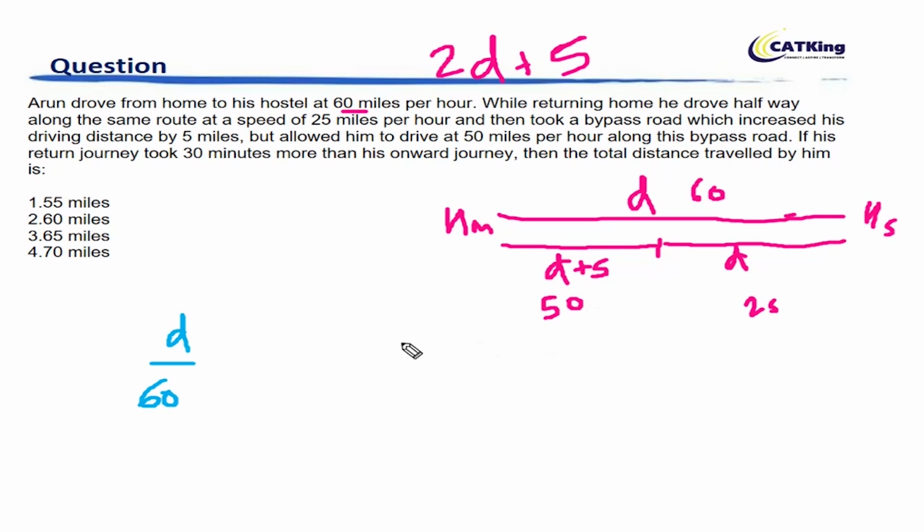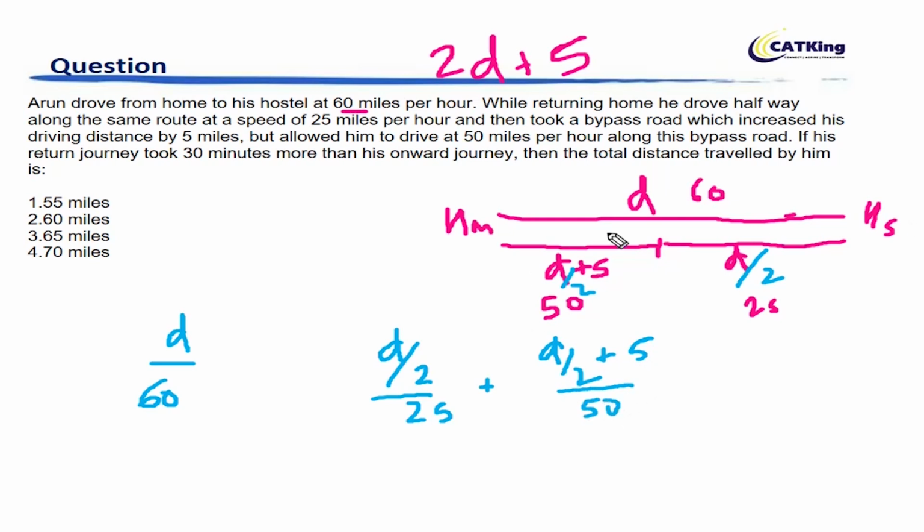The time taken in the second half is, this is d by 2, this is also d by 2, so d by 2 plus 5, right? So d by 2 divided by 25 plus d by 2 plus 5 divided by 50. That's the time taken in the second return path.